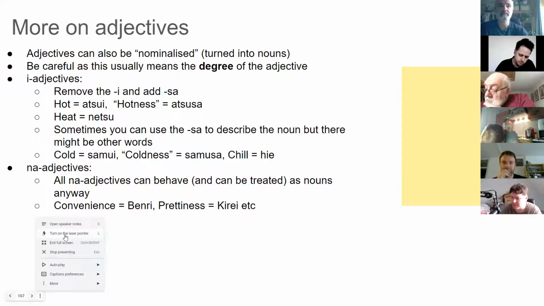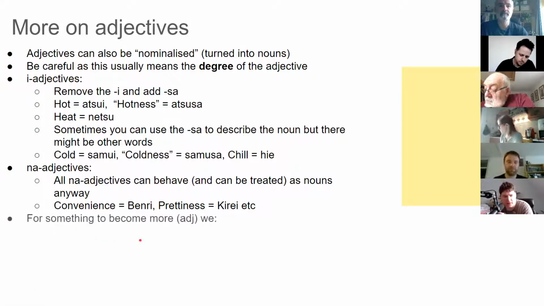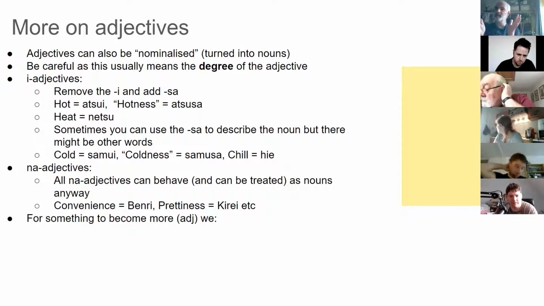So Andy, does that mean that i adjectives are adjectives you can make into nouns, and na adjectives are nouns that you make into adjectives by putting na and ni afterwards? Yeah, basically. Were you at the lesson when we looked at the two polar options of what a na adjective can be, where it's either a noun or a na adjective?